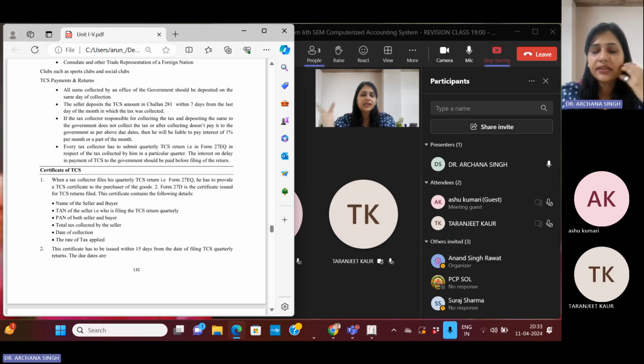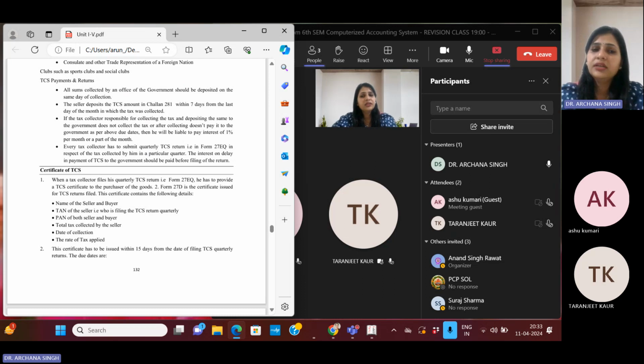Then every tax collector has to submit quarterly TCS return. That is Form 27EQ in respect of tax collected by him in particular quarter. The interest on delay in payment of TCS to government should be paid before filing of the return. And now certificate of TCS. When a tax collector files your quarterly TCS return in the form 27EQ, then he has to provide what, a TCS certificate to the purchaser of those goods.